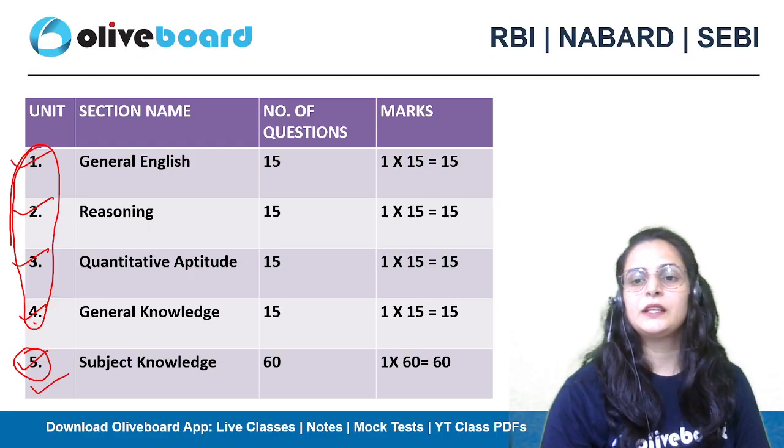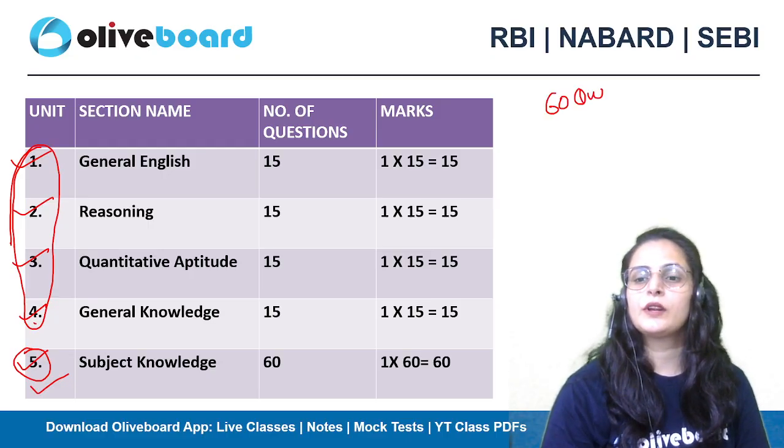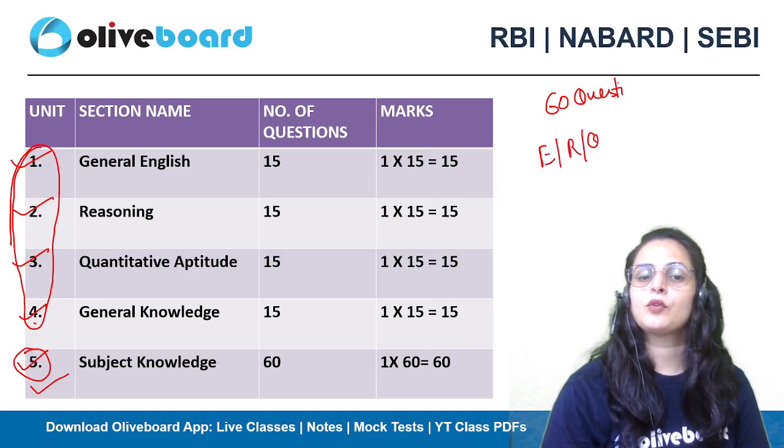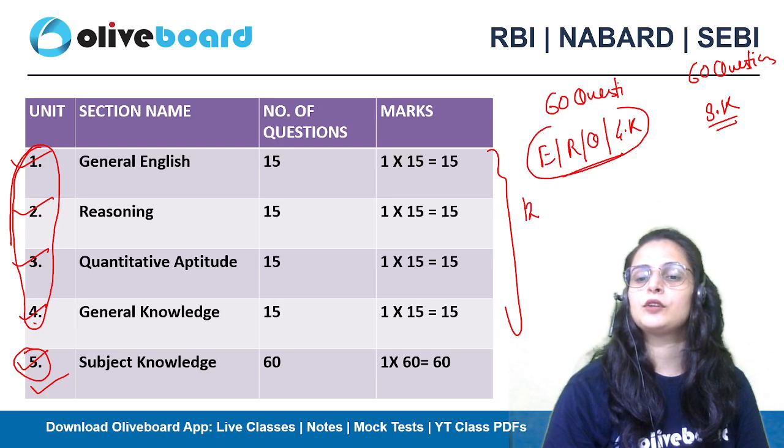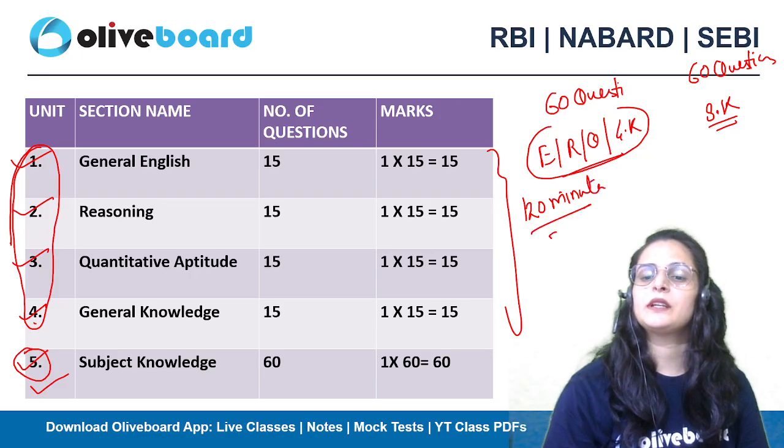Okay, मतलब कि 60 questions तो रहेंगे आपके English, reasoning, quants and general knowledge के. Okay, and 60 questions will be of subject knowledge, right? अब ये चीज यहाँ पर आप देख लेंगे, and the overall time given to you is 120 minutes, meaning 2 hours, to attempt 120 questions.